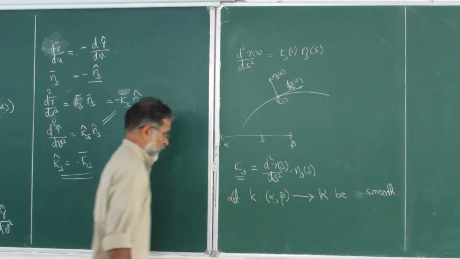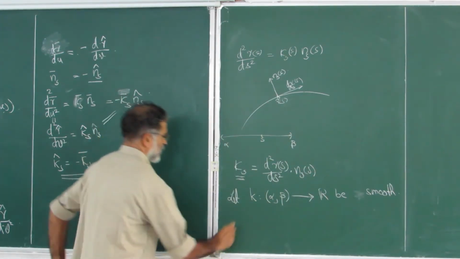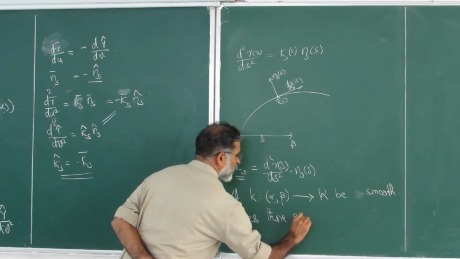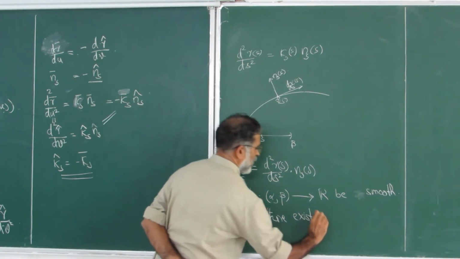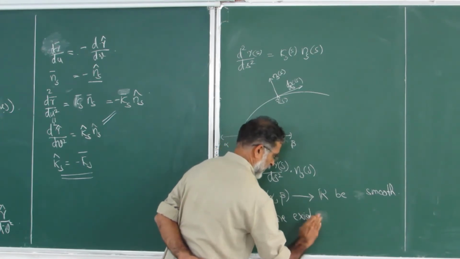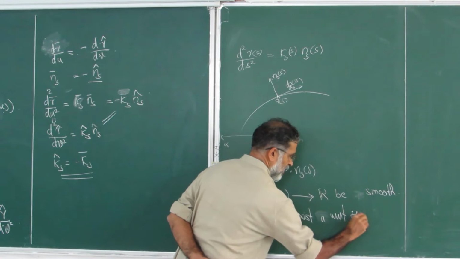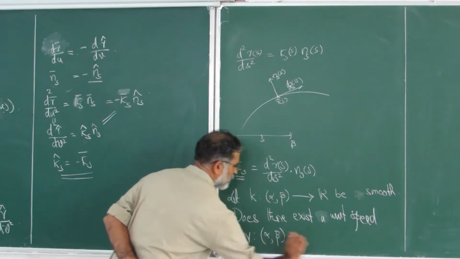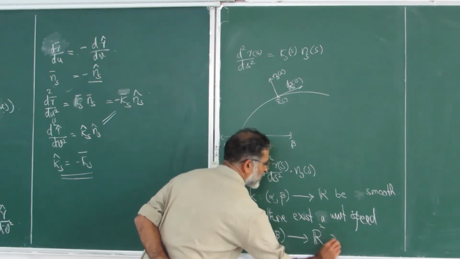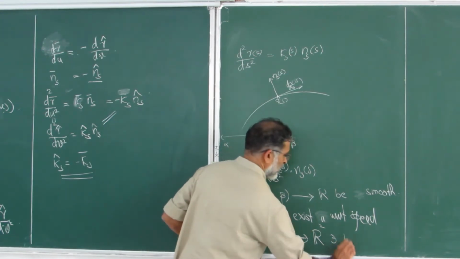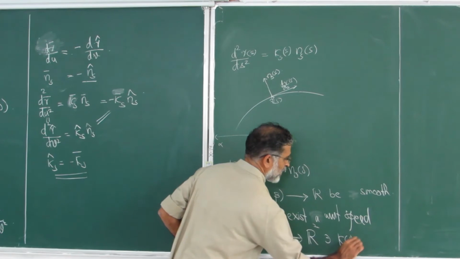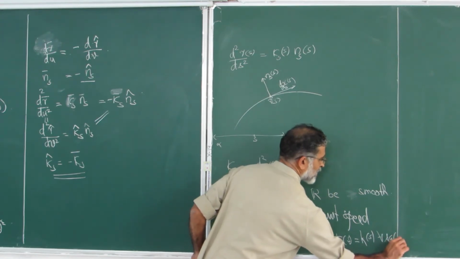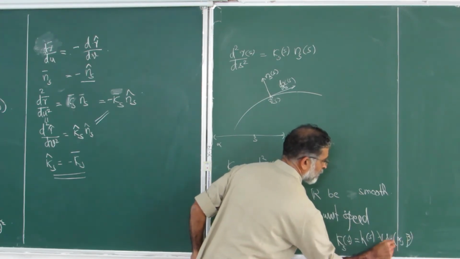The question is, does there exist a smooth unit speed plane curve gamma from alpha, beta to R^2 such that the signed curvature at s is equal to K(s) for every s in alpha, beta? That's the question.